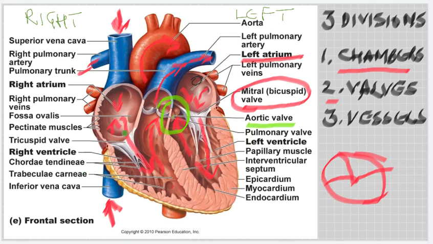Now let us try to understand another valve close by. And that valve is present between the right ventricle and the pulmonary artery. Now, when the right ventricle contracts, it pushes the blood into the pulmonary artery. The word pulmonary means lungs.